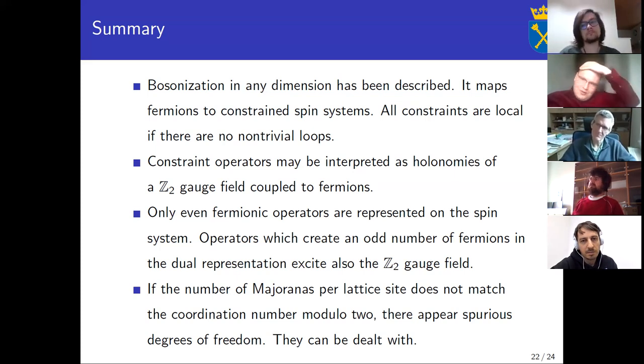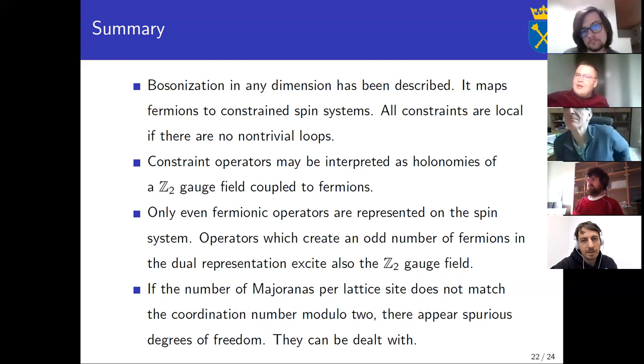So in some previous iterations of this idea, there was a version where this index alpha was just not present, and every lattice site hosted exactly two Majoranas, or rather, instead we used one creation and one annihilation operator, so the number of neighbors had to be even always for every lattice site.